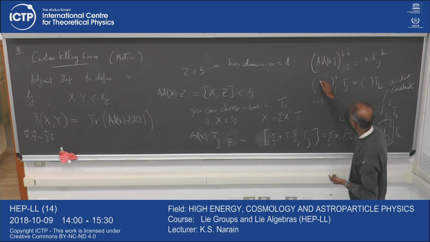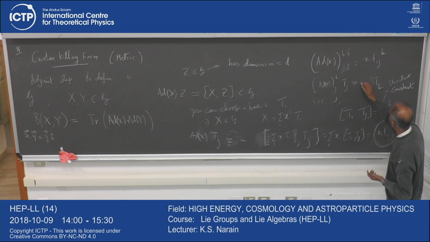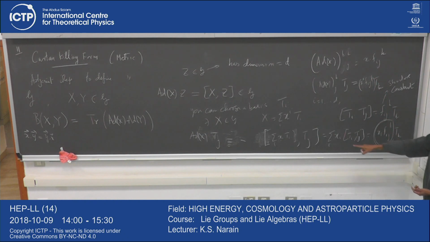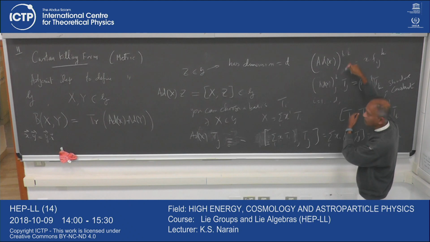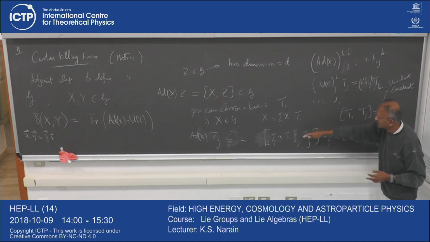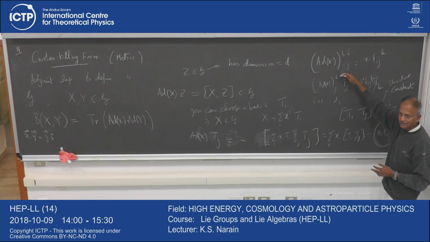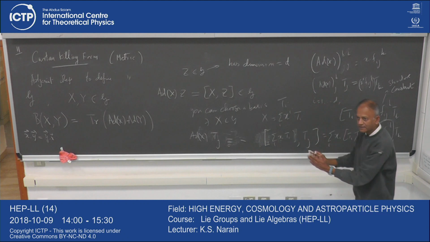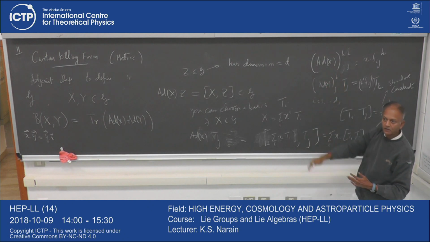So this is (ad X)_jk, and what we are saying is that this is nothing else but Xi f_ijk Tk. Therefore ad X is a D by D matrix, with row and column each going from 1 to D, and this commutator action is nothing else but ordinary matrix multiplication. If you arrange all the Tj's in a column vector, the action is simply multiplication by this D by D matrix on that column vector.